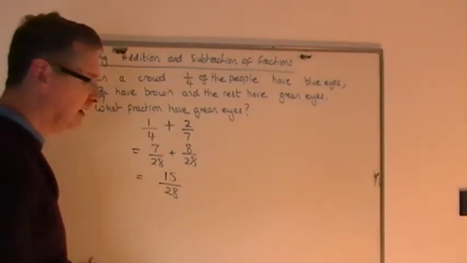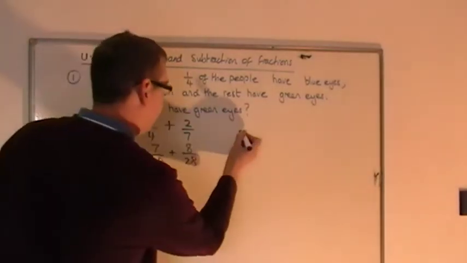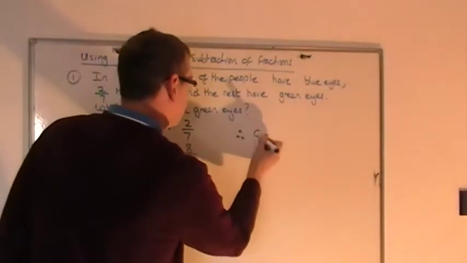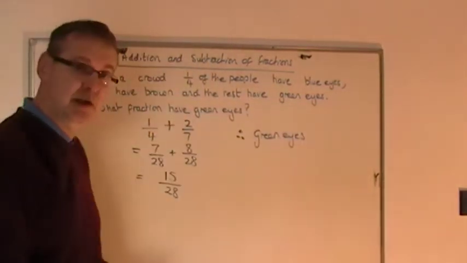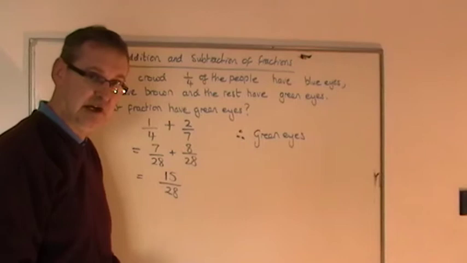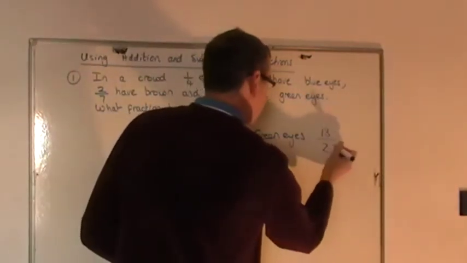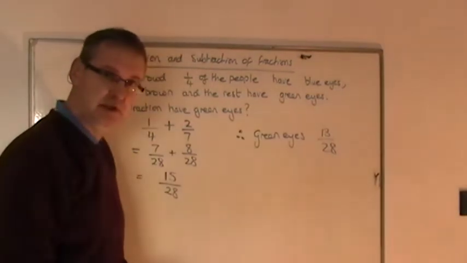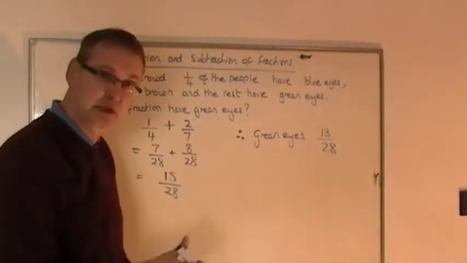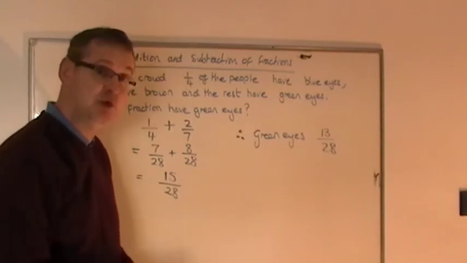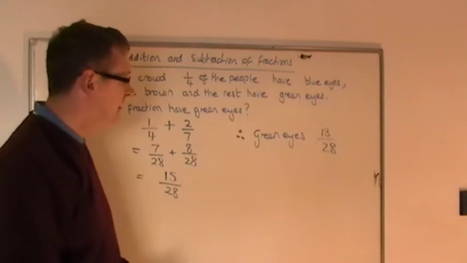So if 15 28ths are taken up with blue or brown eyes, 15 out of the 28 is the fraction that got blue or brown. Therefore 13 out of 28 will be left over for green eyes, because 13 over 28 plus the 15 over 28 would give you 28 28ths, which is the whole crowd. 28 out of 28. And there you go.